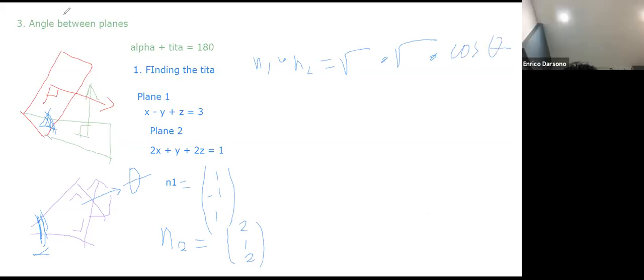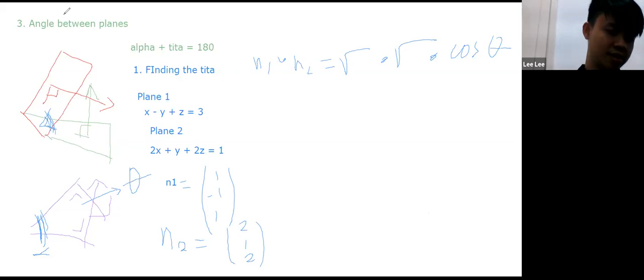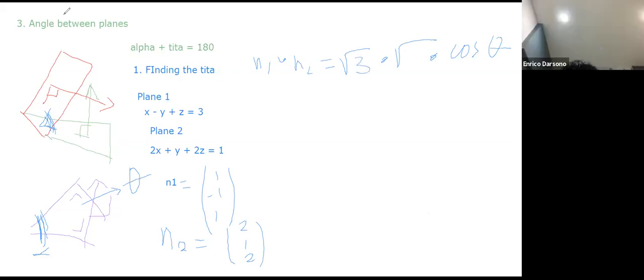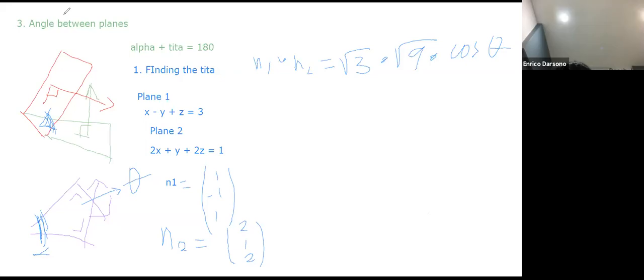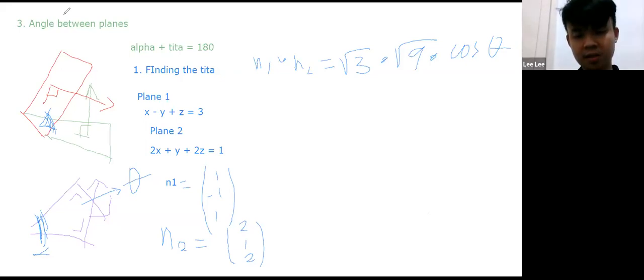The length here, 1 squared plus 1 squared plus 1 squared is 3, right? What about the second length? 2, 1, 2, so you get square root 9, right? Dot, you know how to do the dot rule, right? So 1 times 2 plus negative 1 times 1 plus 1 times 2.